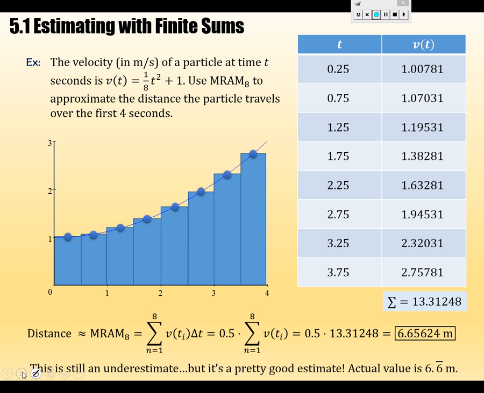Another advantage of systematizing this: you might think maybe I could get arbitrarily close to the exact value of the area under the curve by using this more-is-better idea. So what's better than 8 rectangles? 800. What's better than 800? 8 million.